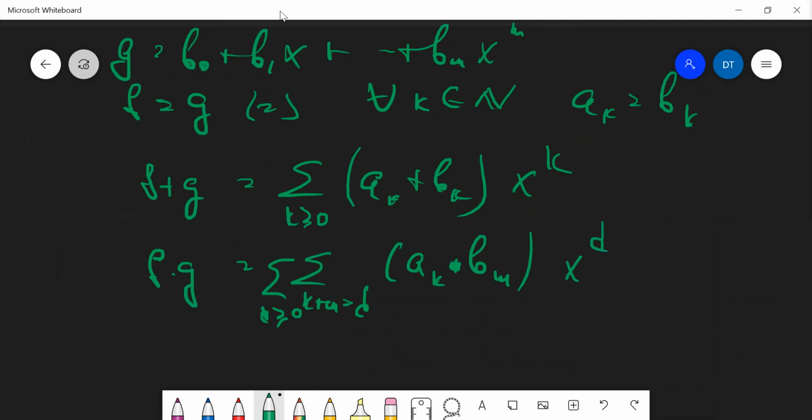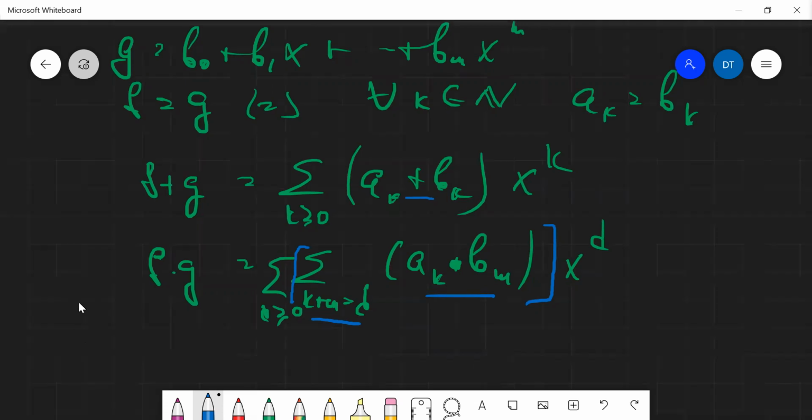So this is a multiplication in a field. These are operations in the field F that is given to us. This is an expression for the coefficient for the power d. Here I use operations from the field, and this sum is also from the field F. And this one is the formal sum for the polynomial.